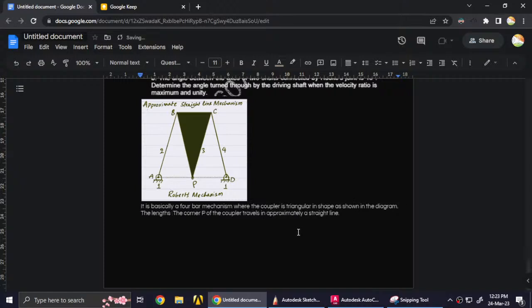Lengths: AB is equal to BC, sorry, not BC, it's equal to BP, it's equal to PC, it's equal to CD, and BC is equal to AD divided by 2.